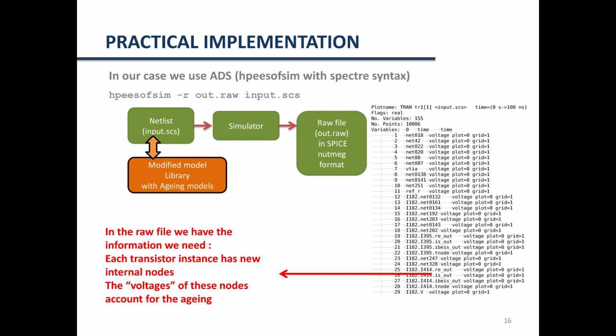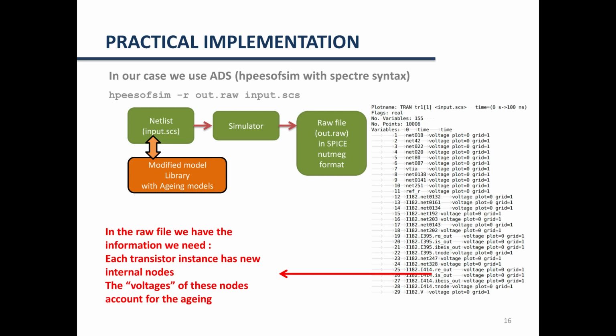You have here on the right hand side of the slide the structure of the output file, which is basically the header, where you have a definition of all the variables in the subsequent time steps of the simulations. And you see that you have a number of instances and sub-circuit instances, and then also various nodes.